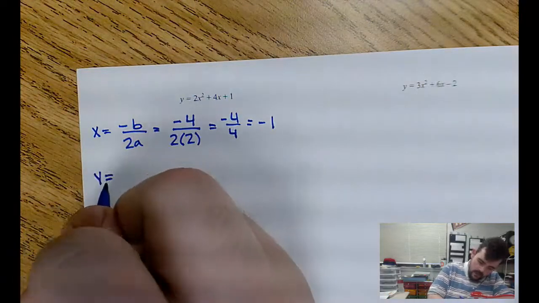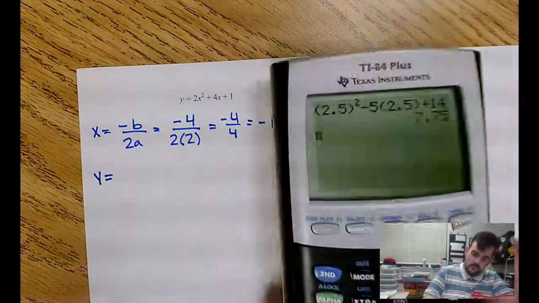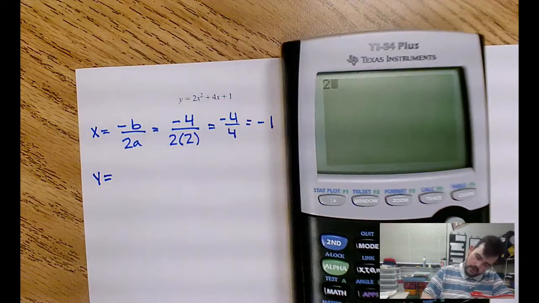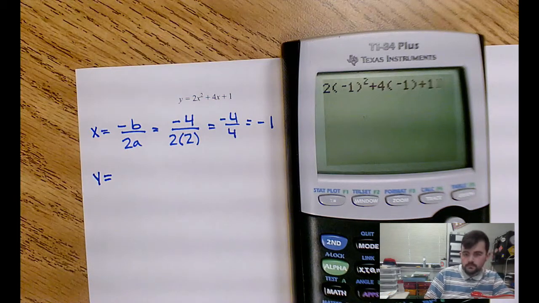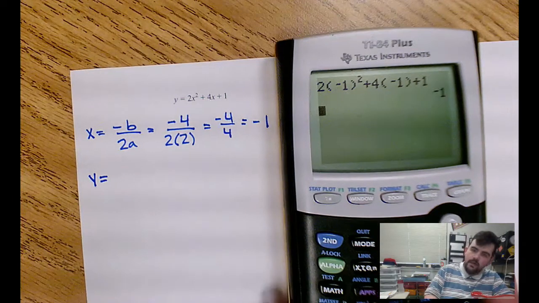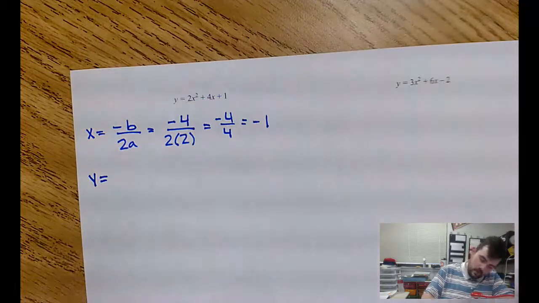The y-coordinate, just plug negative 1 in. So 2 times negative 1 squared plus 4 times negative 1 plus 1. Just double checking that I didn't make a typo. Okay, cool. And hey, the y-coordinate is negative 1.